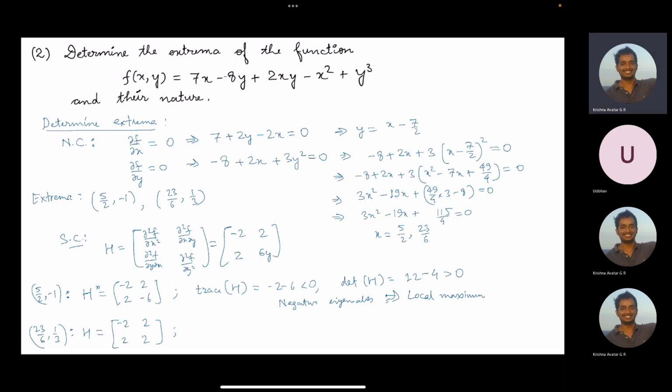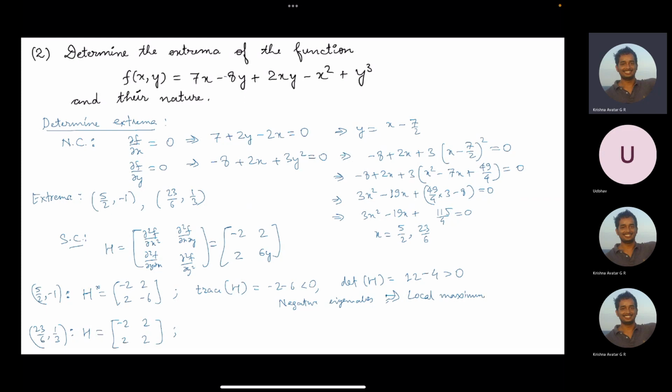What we see is the trace of H is negative. Trace is nothing but the sum of elements on the diagonal, which is minus 2 plus 6, which is less than 0. And the second thing is the determinant of the Hessian, which is 2 minus 4, which is greater than 0.